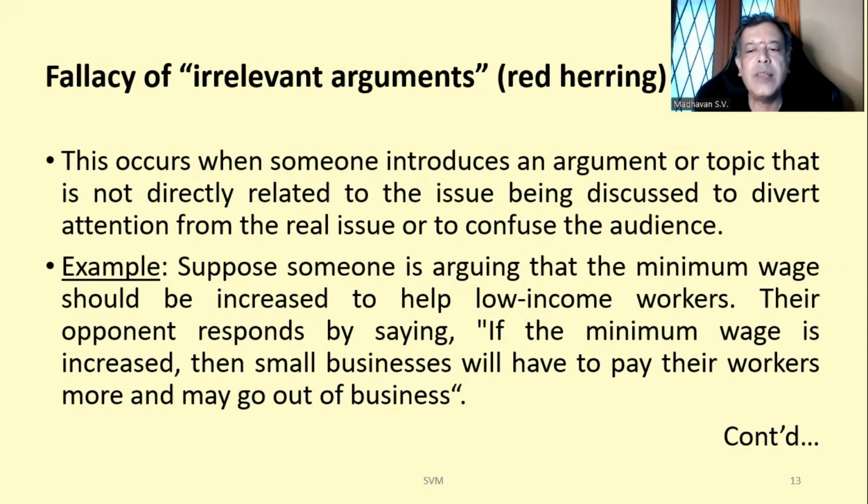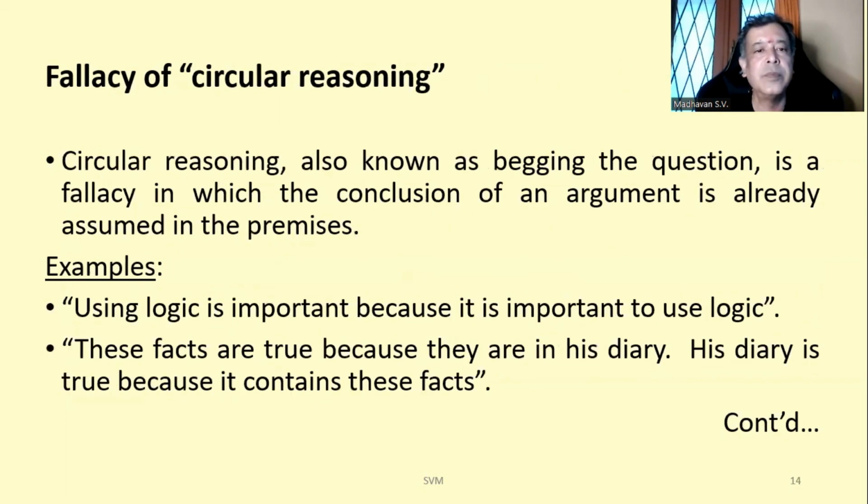The opponent immediately responds: if the minimum wage is increased, then small businesses will have to pay their workers more and may go out of business. Here, in what way it can be increased, how it can be increased, is not being considered. It is simply an attacking argument. It will affect small businesses and they may even go out of business. A completely irrelevant argument is being specified here.